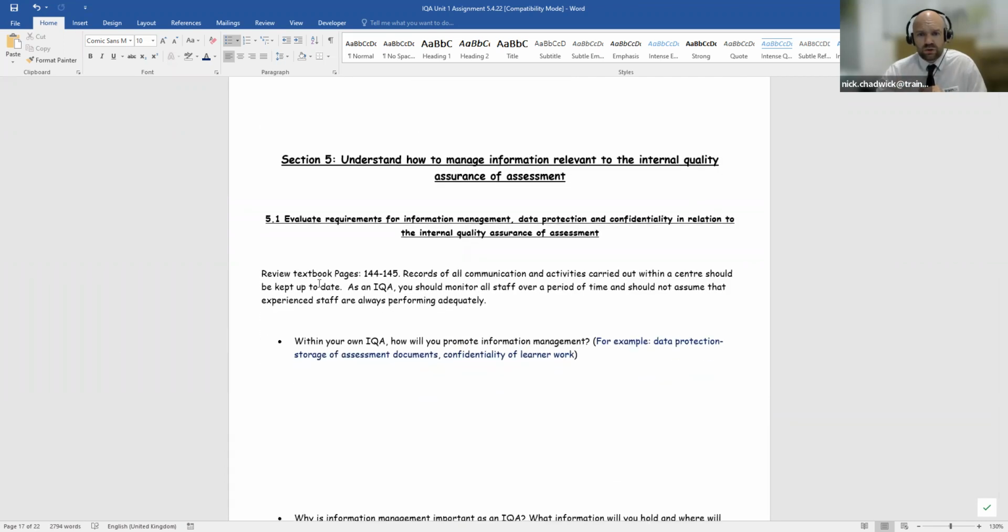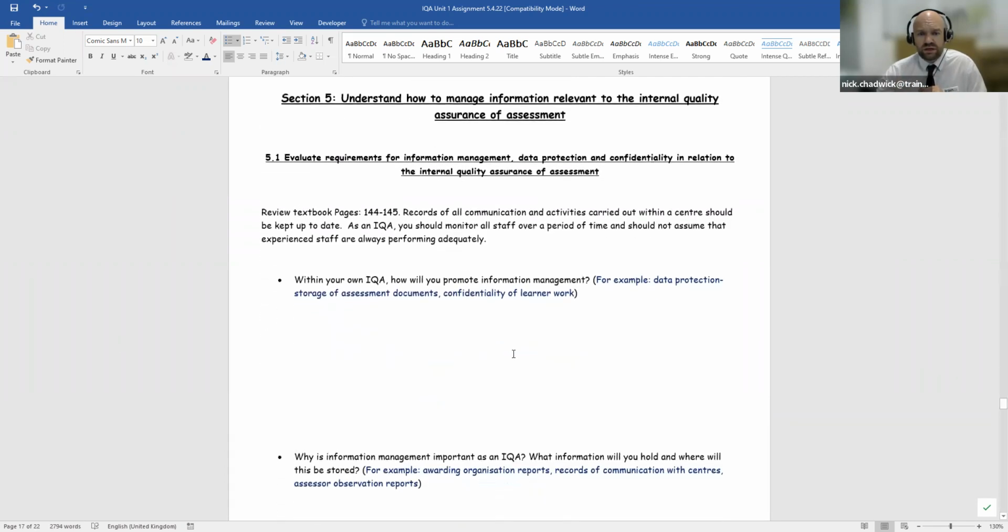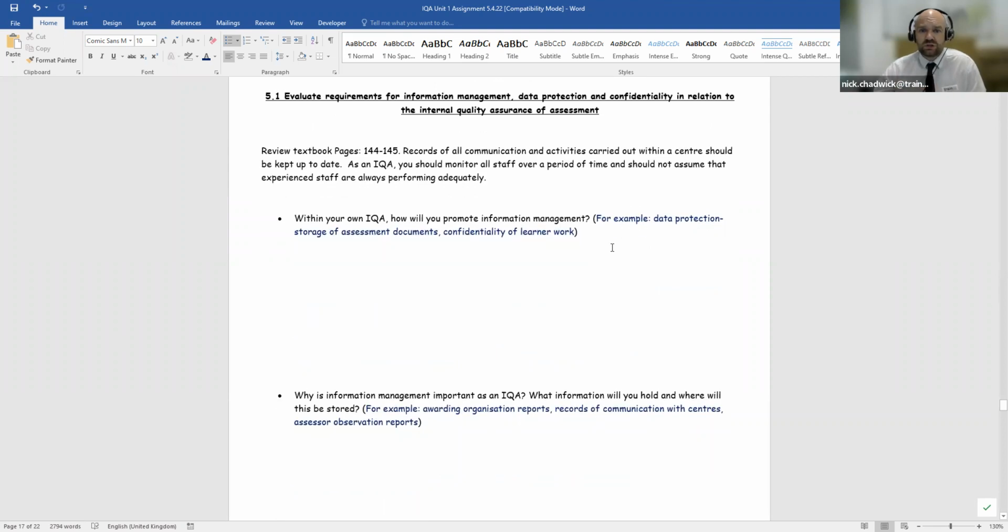Okay, so just moving on, section 5 is to evaluate requirements for information management, data protection, and confidentiality in relation to the internal quality assurance of assessment. Now, we'd like for you to just return to your textbooks and to have a read of textbook pages 144 to 145.